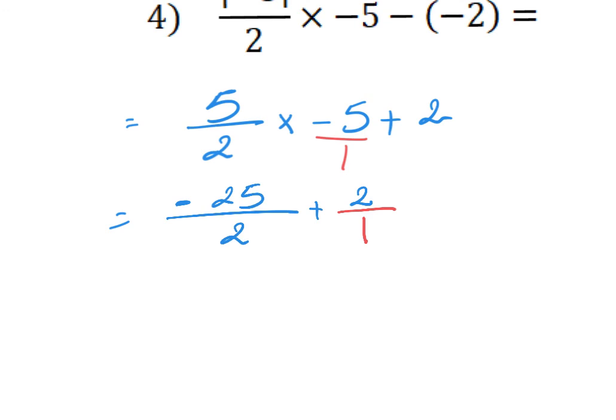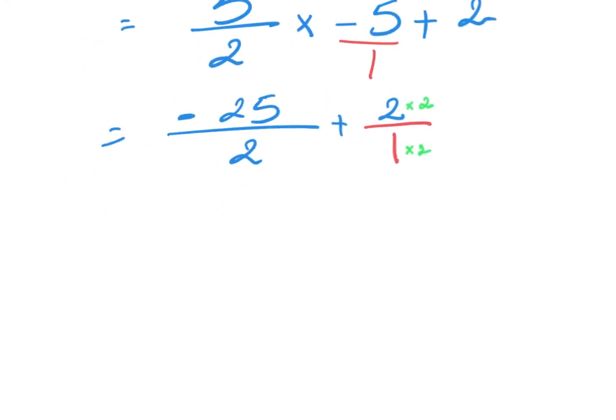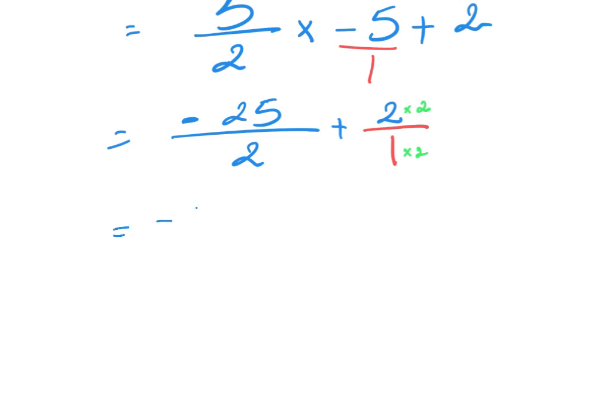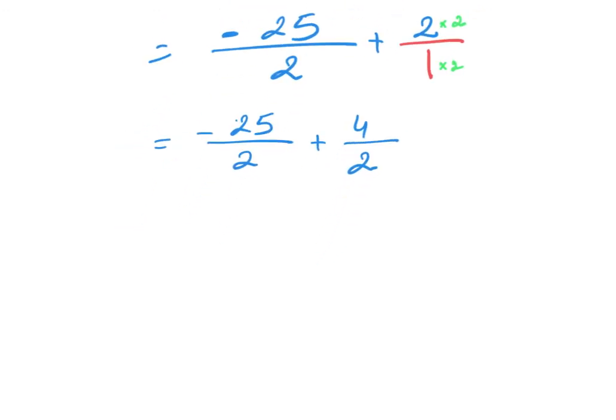So I'm going to multiply by 2 here, and make sure you also multiply by 2 on the top, right? So it's going to be negative 25 divided by 2 plus 4 divided by 2. And here, we're going to keep the same denominator, and we're going to add the numerators.